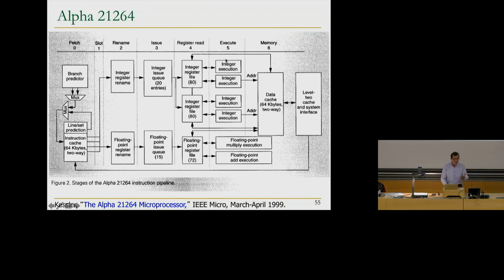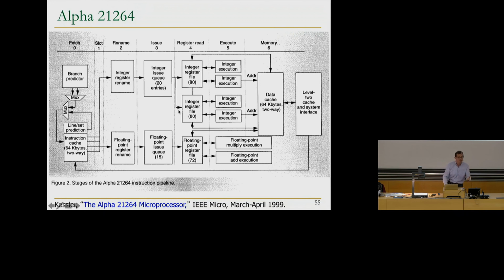and then it goes to the integer execution units. Now, they were so tight on timing that, in this case, they duplicated the register file. They have two copies of the integer register file, because they wanted to be able to send two instructions here and two instructions here. We didn't talk about the concept of superscalar execution. We're going to see that. So far, we've executed maybe one instruction, but you can actually do two instructions here and two instructions here.